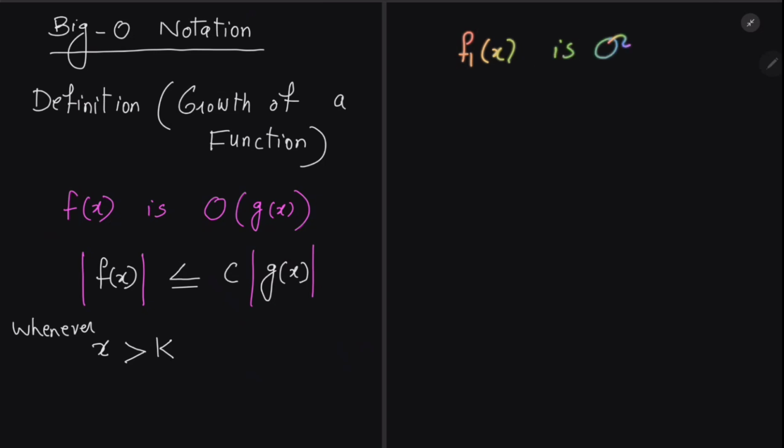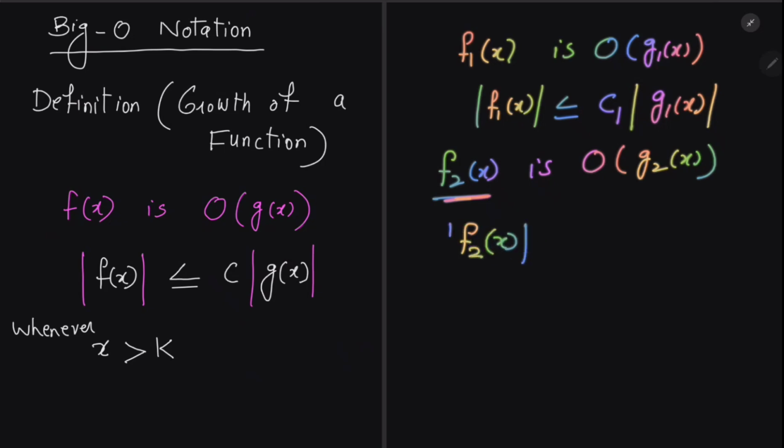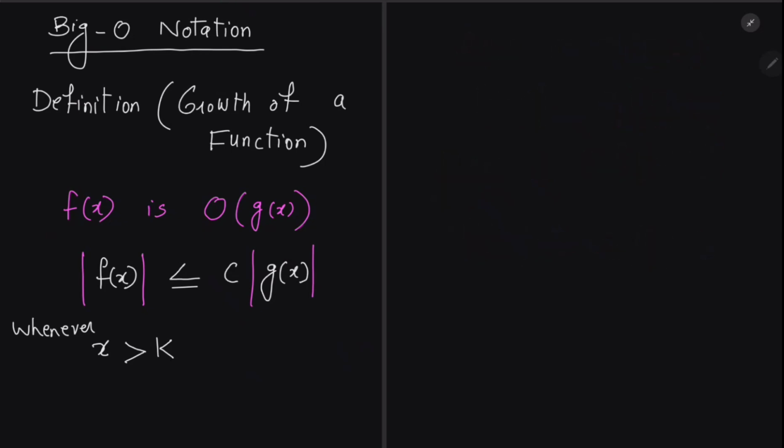If f1 is order of g1(x), it means that |f1(x)| is less than some constant c1 times |g1(x)|. If f2 of x is order of g2(x), it means that this function is on the smaller side, or equal as well, so c2 times |g2(x)|, and so on. That's how we write the definition.